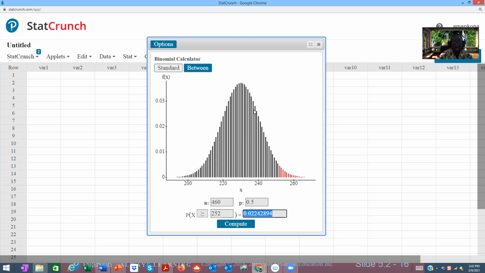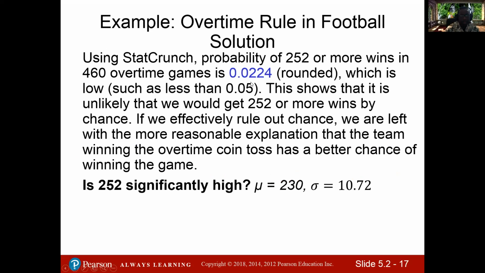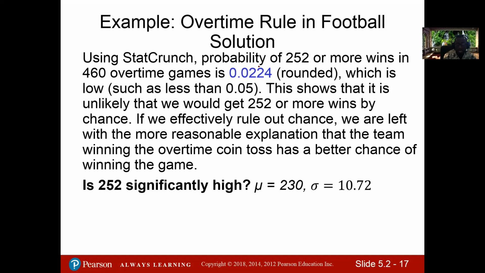Okay. So let's go back to the PowerPoint. Go to the next slide. So using StatCrunch, as I showed you, we found the probability to 4 decimal places. The probability is this value here. That is 252 or more wins, which is low. In other words, it is less than 5%.